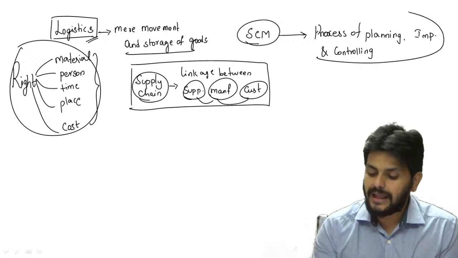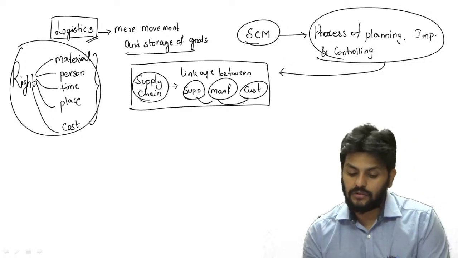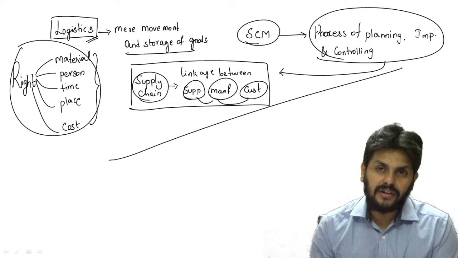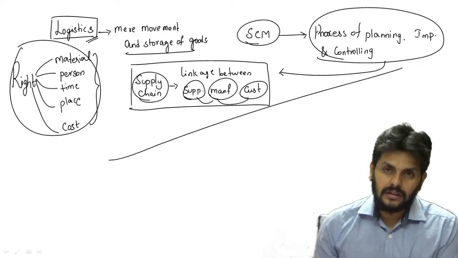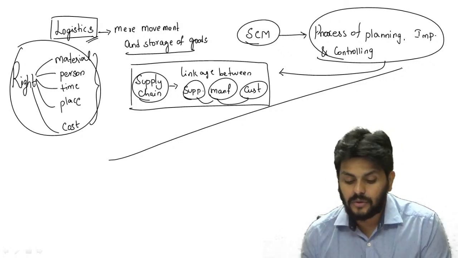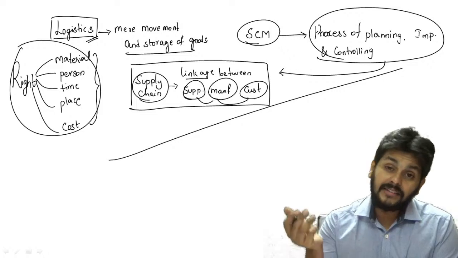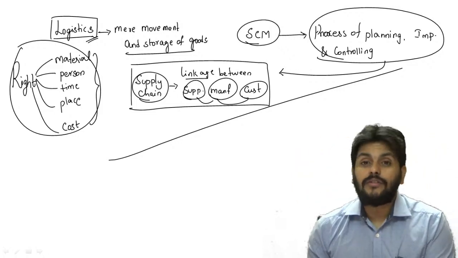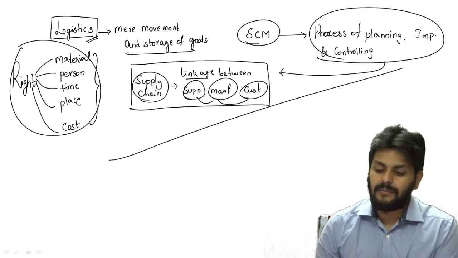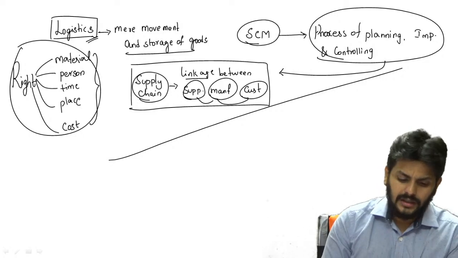The process of planning, implementing and controlling a supply chain activity is called supply chain management. This is quite different from what we actually think. Supply chain and supply chain management are two different things. Supply chain is a linkage. Supply chain management is a process which involves planning, implementing. Any management involves planning, implementation and control, right? So that is the story.